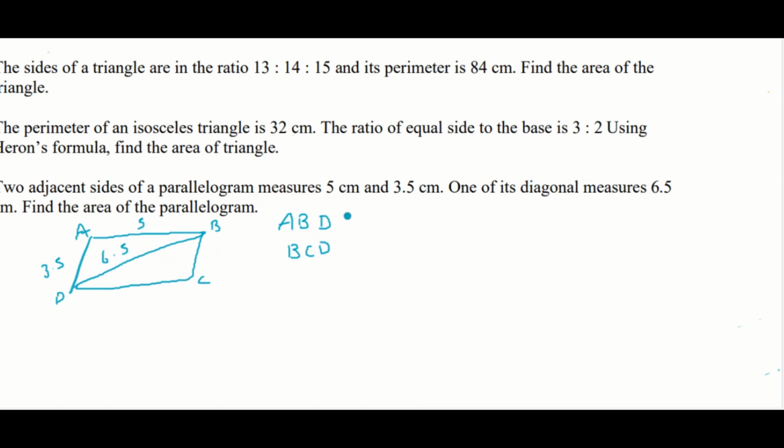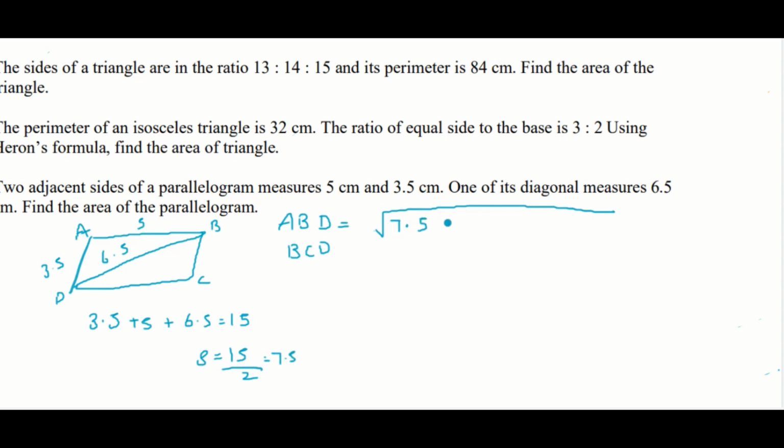So let's find the area of the triangle ABD. In triangle ABD, all the three sides are there, so let's find it by Heron's formula. Here the perimeter is 3.5 plus 5 plus 6.5, which is equal to 15. So semi-perimeter will be 15 divided by 2, 7.5.